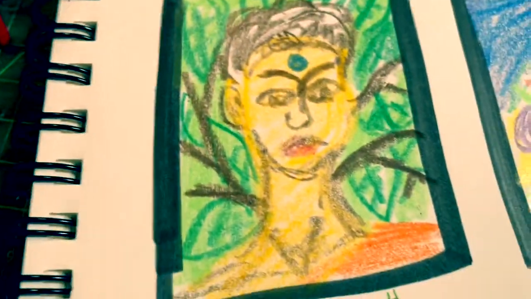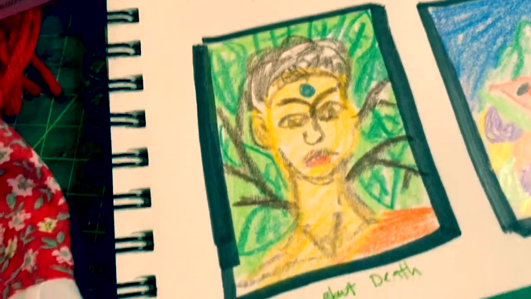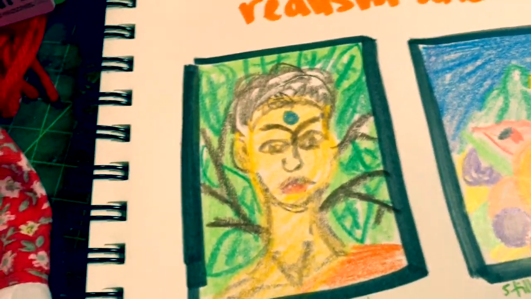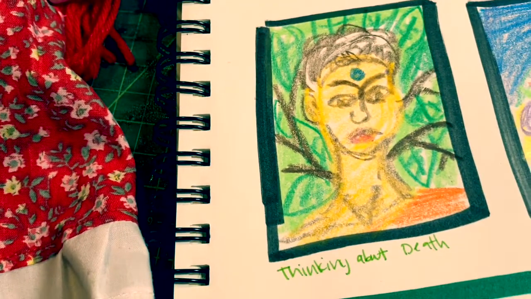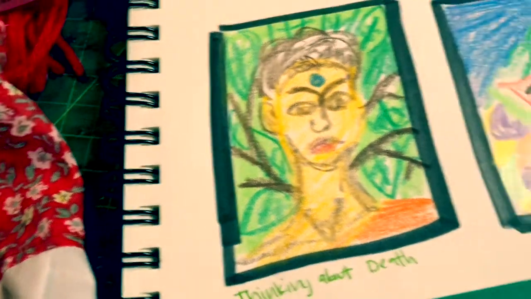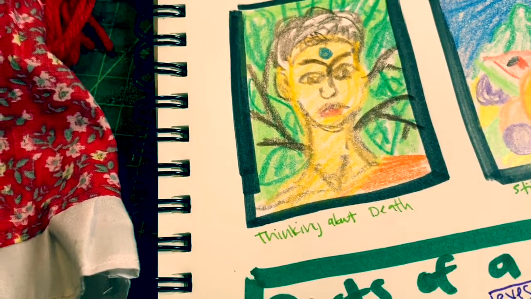Like I said, she would paint herself. Because of all the pain and all the surgery she had to have and all the medicine she had to take, she thought about death a lot, which I know sounds spooky, but it was because she was in so much pain.